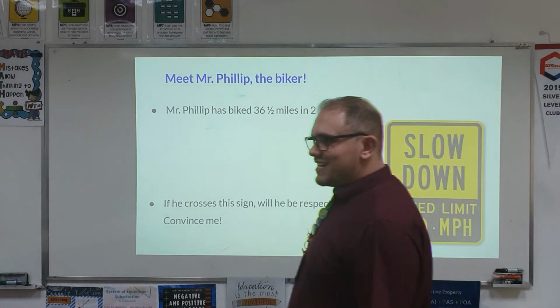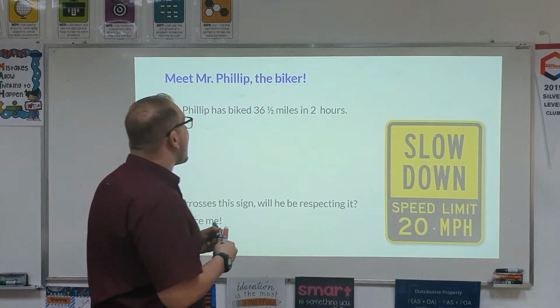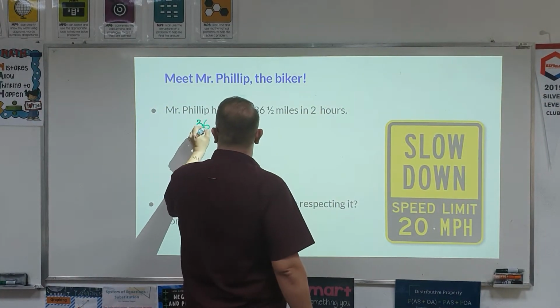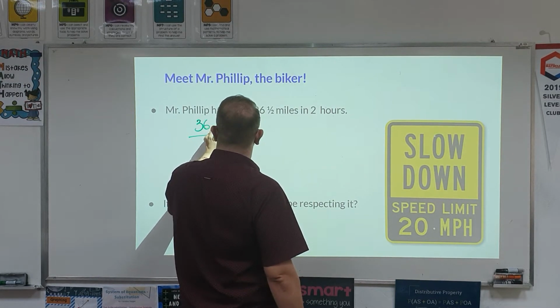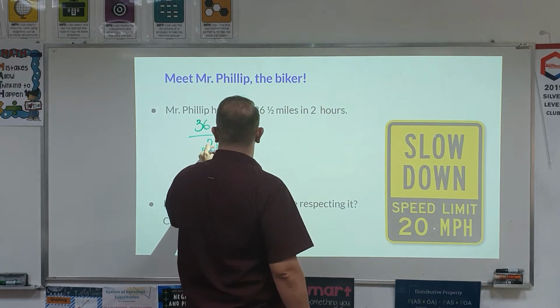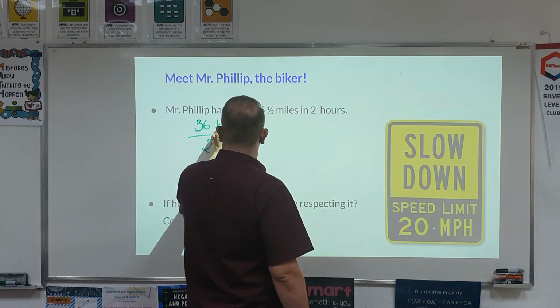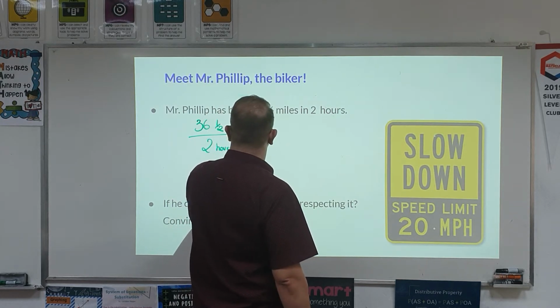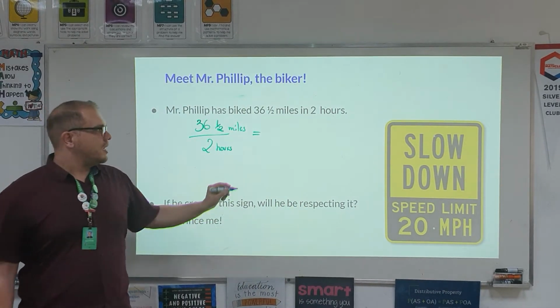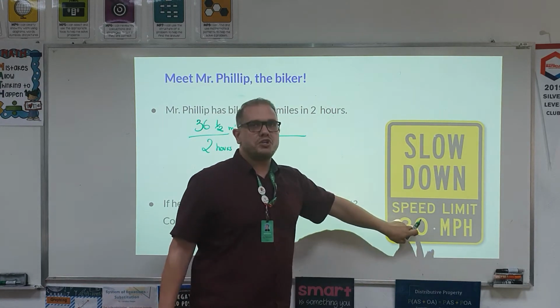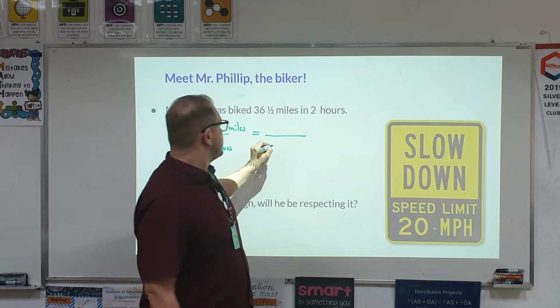Okay, so 36.5 miles in 2 hours. My ratio would be 36.5 miles for 2 hours. What I want here is the unit rate for his speed.